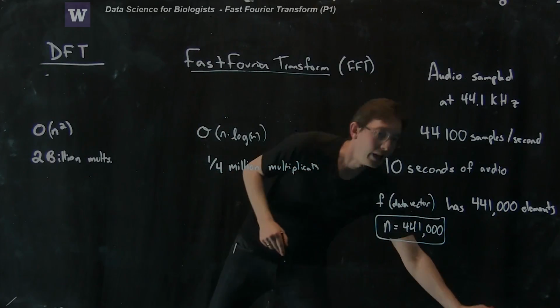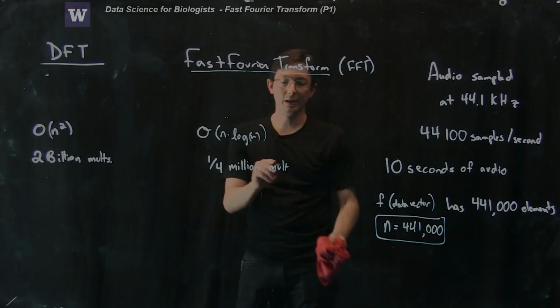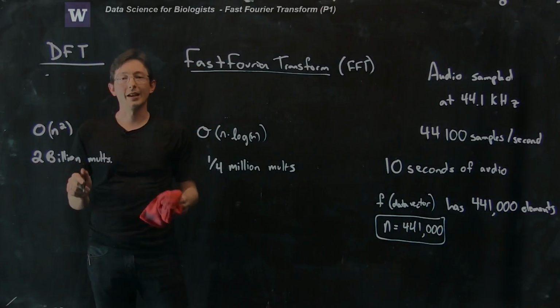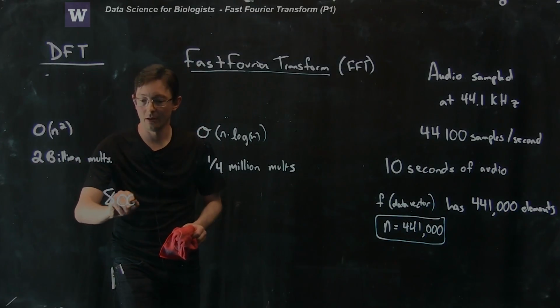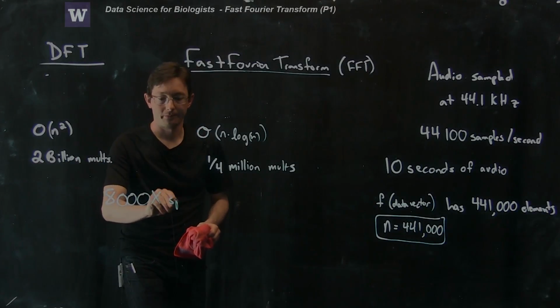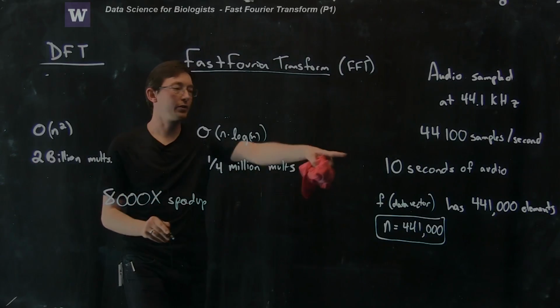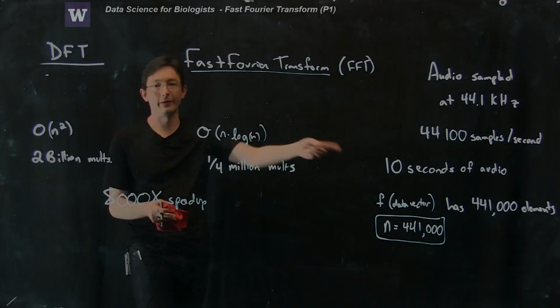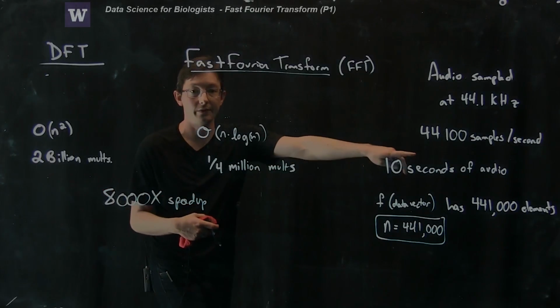Okay? And so this is a huge, huge, huge difference, right? We have something like an 8,000 times speed up. And this is just for compressing 10 seconds of audio, or fast Fourier transforming 10 seconds of audio.